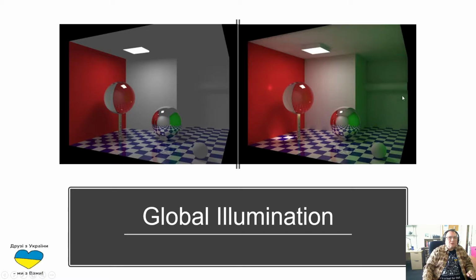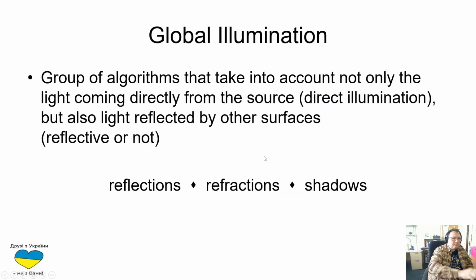So in the darker corners, this reflected light will be more visible. Basically, global illumination is a group of algorithms that take into account not only the light coming directly from the source, so-called direct illumination, but also light reflected by other surfaces in the scene, which may be reflective or not. So we take into consideration reflections, refractions, and shadows.